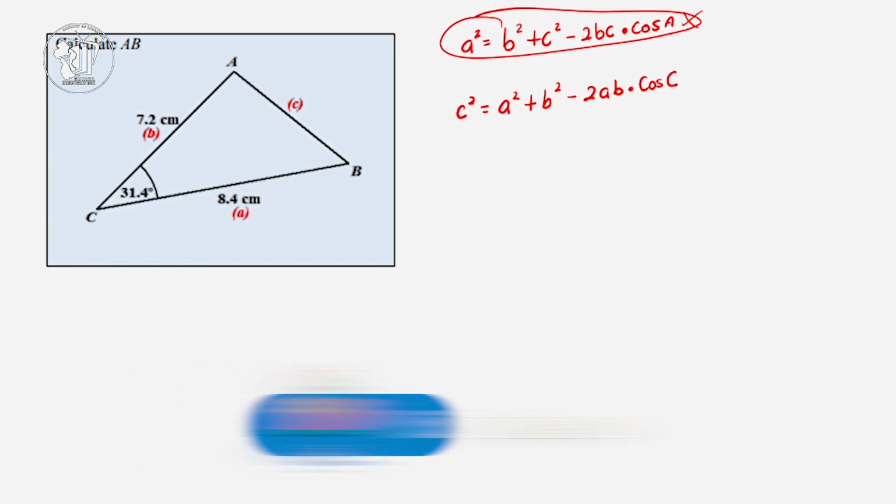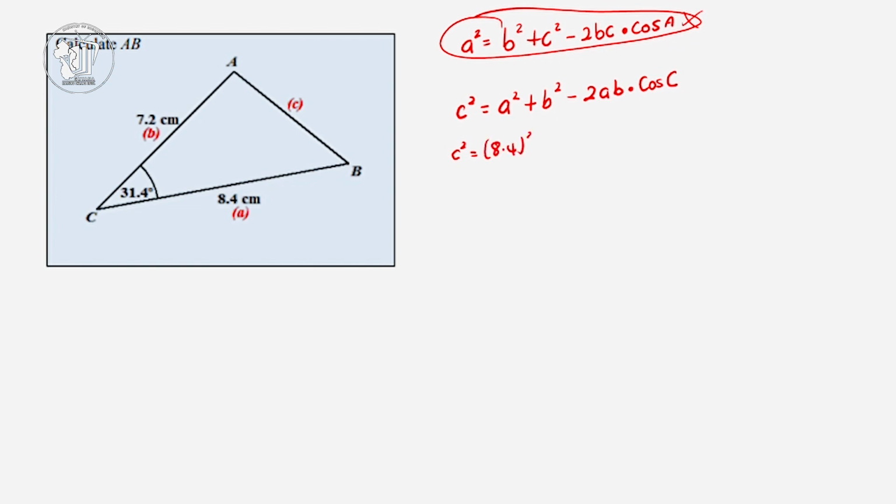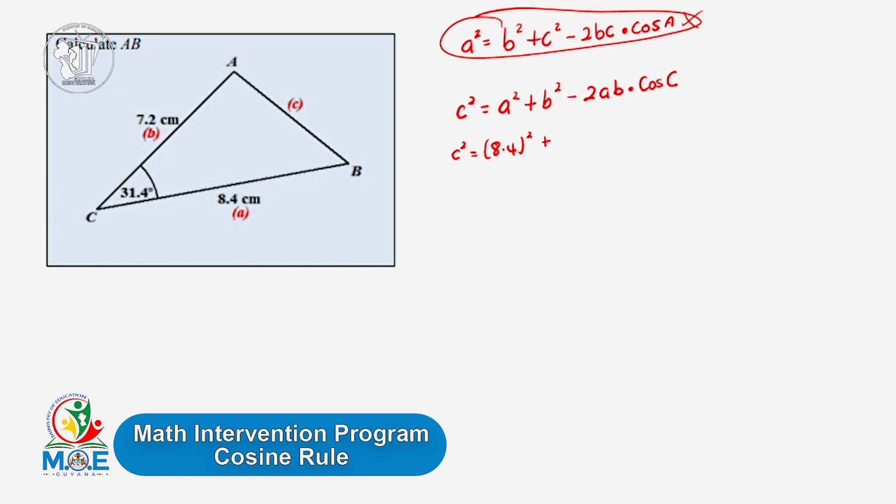So we work this out. We know c squared is the thing that we want to find. So c squared is equal to a, which is 8.4 squared, plus b squared, which is 7.2 squared, minus 2 times a, which is 8.4, multiplied by b, which is 7.2, multiplied by cos c, which is 31.4.